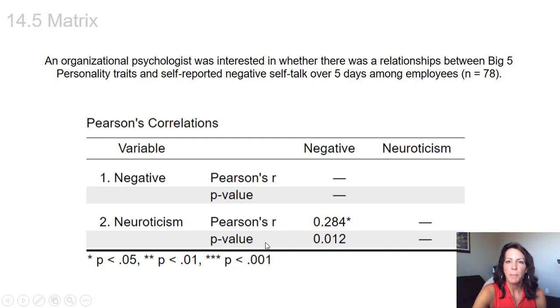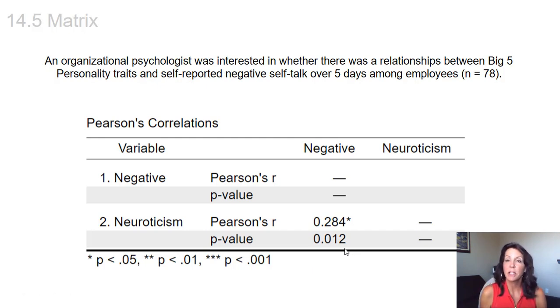P-value means probability. What is the probability of finding our Pearson's correlation simply by chance? And so a p-value of less than 0.05 is indicated with an asterisk. Well, lo and behold, we have an asterisk here, and our p-value is less than 0.05. Which means we're going to reject the null hypothesis that there's no correlation.